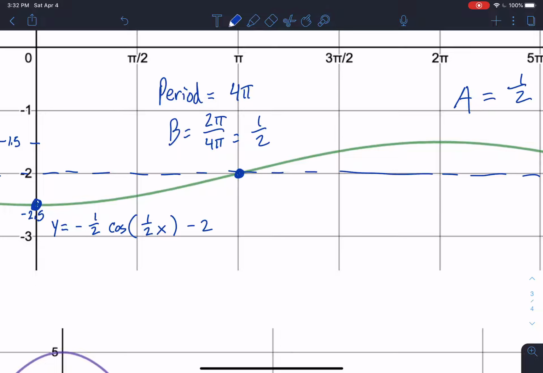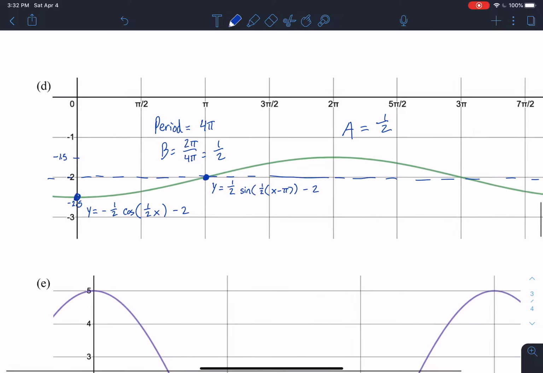So this is going to be y equals, because I'm starting at the axis point and going up, positive sine. So 1/2 sine of 1/2. Now my shift to the right looks to be by a unit of pi. So x minus pi, and then minus 2.